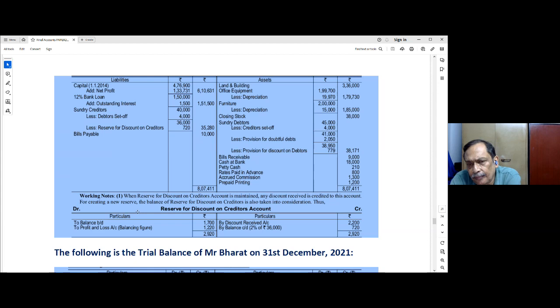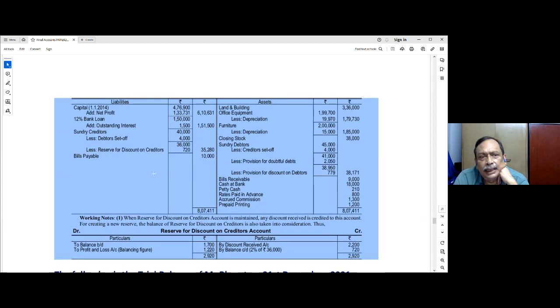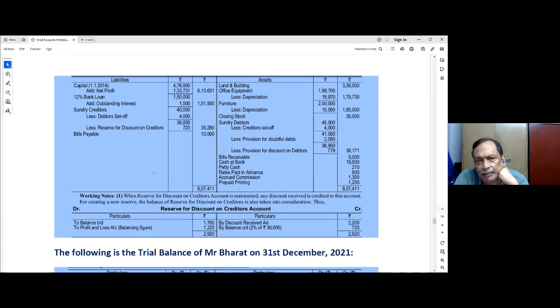then bills receivable, cash at bank, petty cash, rates paid in advance, accrued commission, prepaid printing. And in the liability side, capital as on the beginning, add net profit, then 12% bank loan, add outstanding interest, then sundry creditors less debtors set off, less reserve for discount on creditors and bills payable.